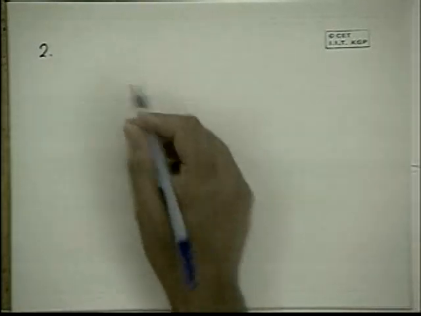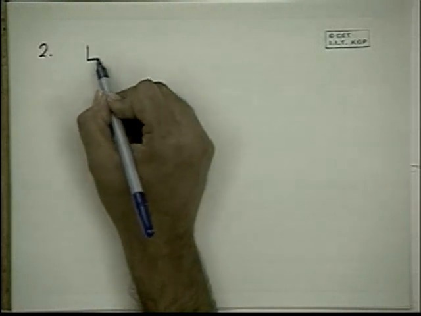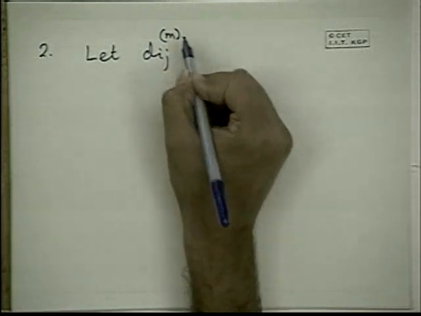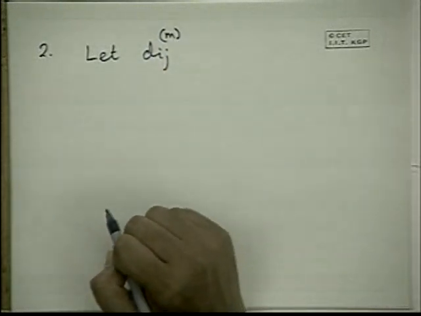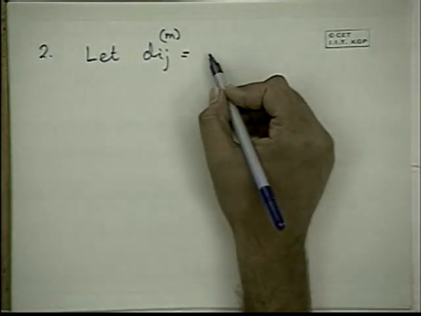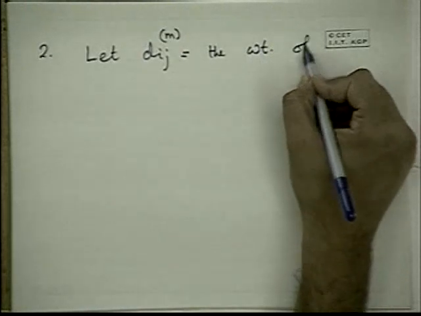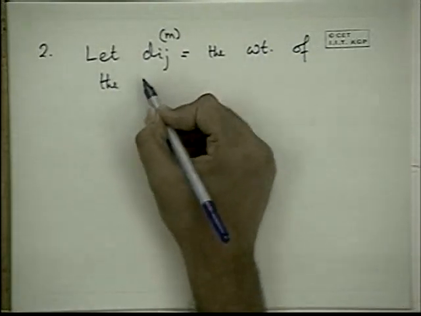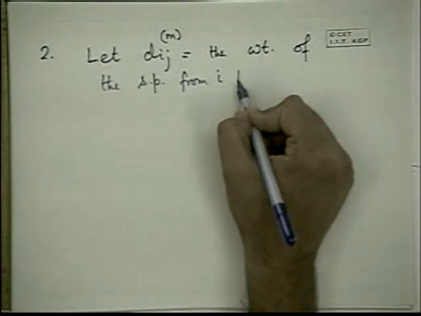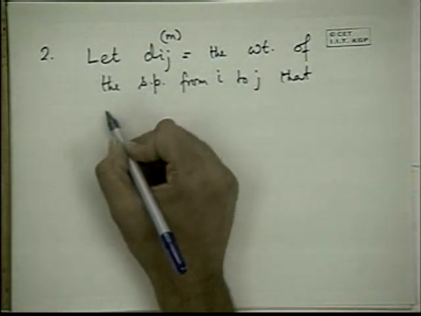Shortest path, so let D_ij superscript m be my definition, where m is the number of edges in the graph, remember. D_ij superscript m is equal to the weight of the shortest path from i to j that contains at most m edges.